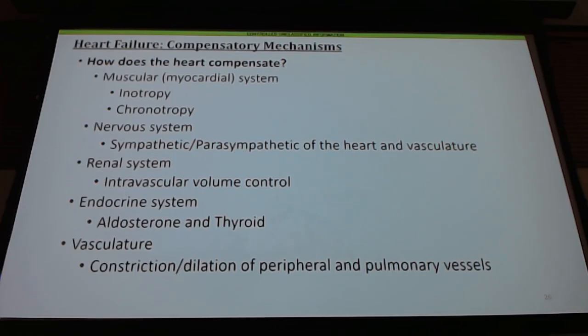Our nervous system, sympathetic and parasympathetic, is going to tightly regulate this. But again, okay, if I need to increase my cardiac output by stimulating the sympathetic nervous system, what's that sympathetic nervous system going to do to your vascular tone? It's going to constrict it, right? So now I'm increasing my afterload and my contractility.